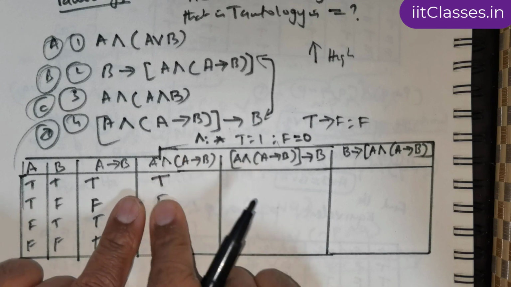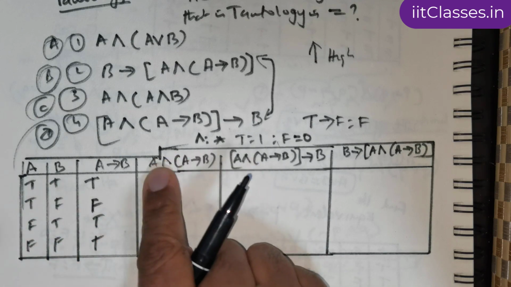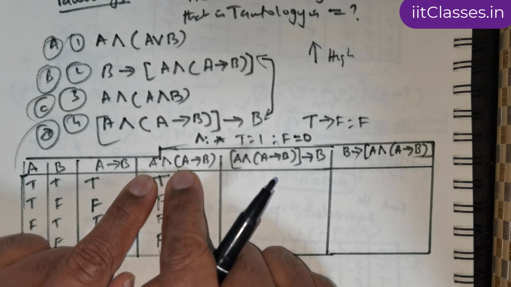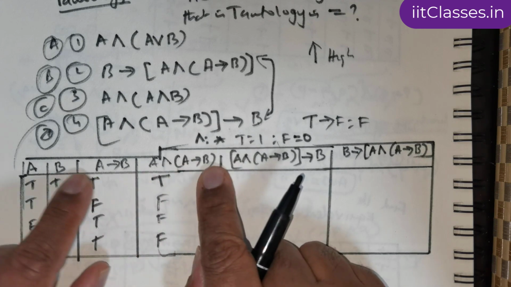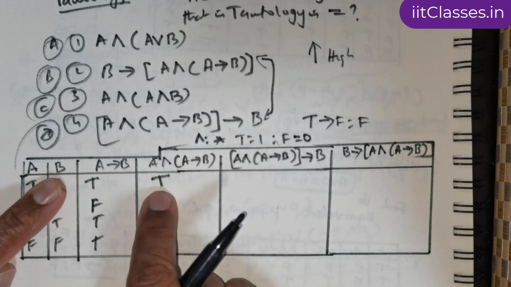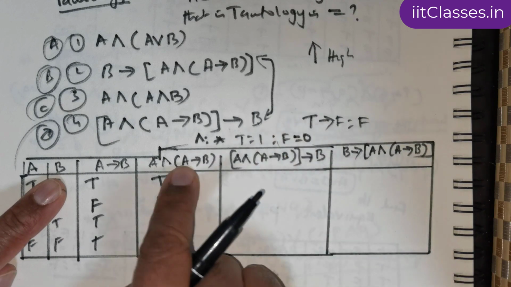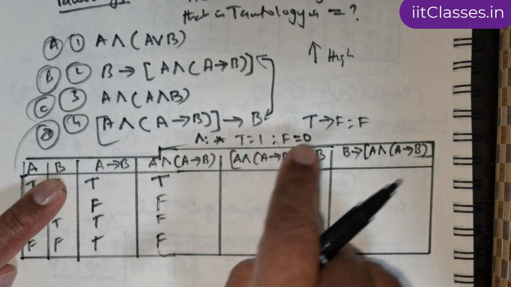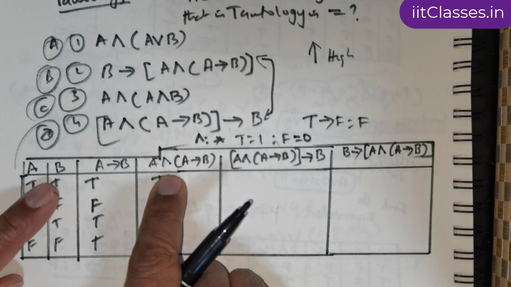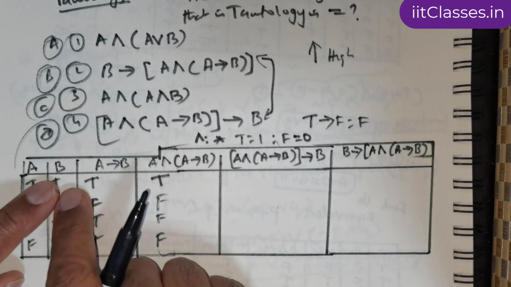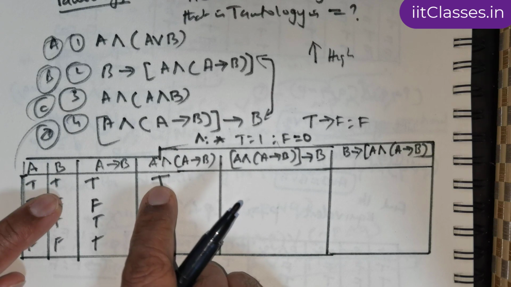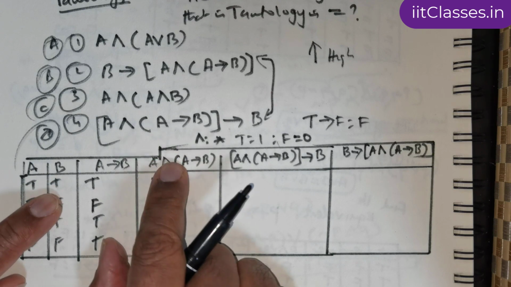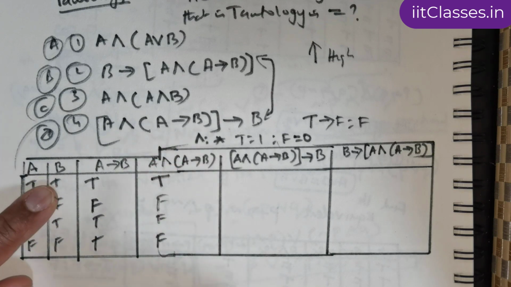So now we are going to have a conjunction of A conditional B, conditional B. So we will use this law. So this is the leading column. So this is actually implied with B. So if this, then B, right?